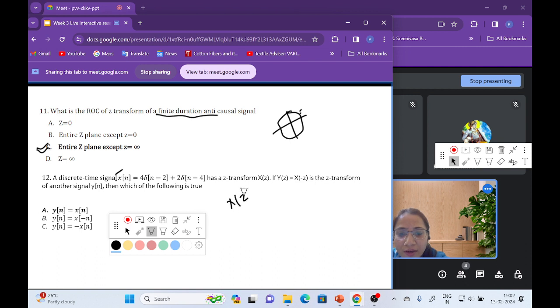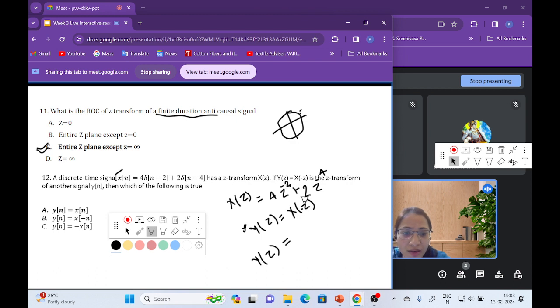X of z will be 4 z to the power minus 2 plus 2 z to the power minus 4, and here it is given that Y of z is equal to X of minus z. Then what will be the y of n in the time domain? So first we will find Y of z, that is X of minus z.